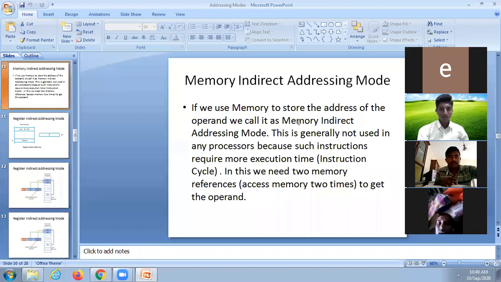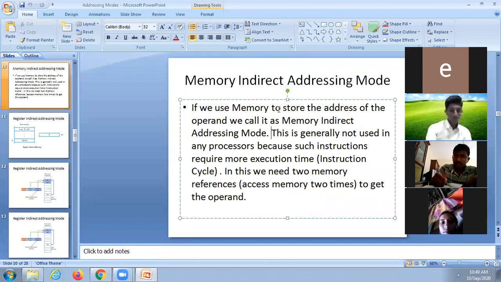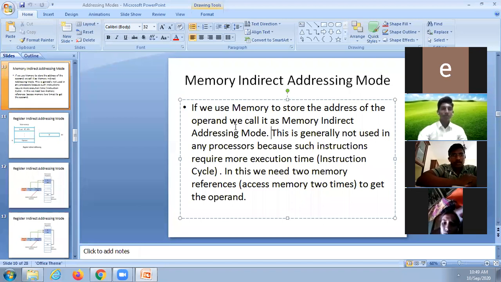Memory indirect addressing mode: if we use memory to store the address of the operand, we call it memory indirect addressing mode. Here the memory address is used to store the address of the operand, not the operand. This is generally not used in processors because such instructions require more execution time, because it requires 2 memory references.